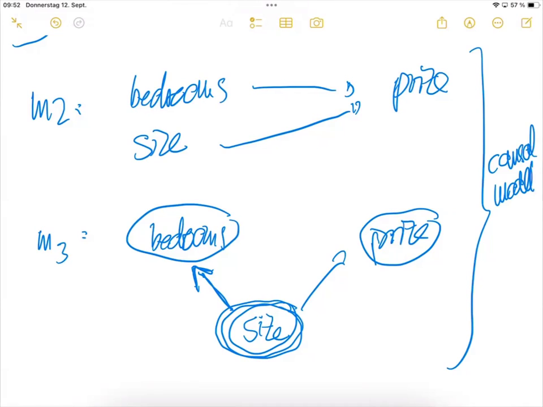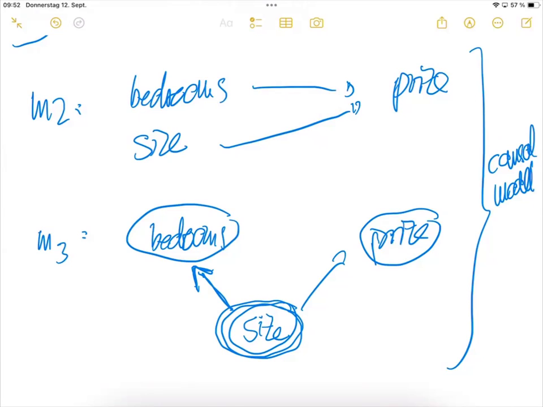Think about it: causality is very essential for life. And here I put forward the larger the property, the more square feet I have in my property, the more bedrooms I will have on average. That's a coarse hypothesis, of course, but it's not implausible, I'd say.